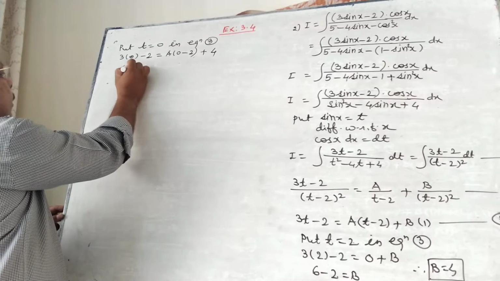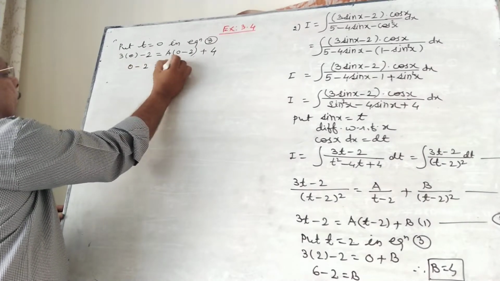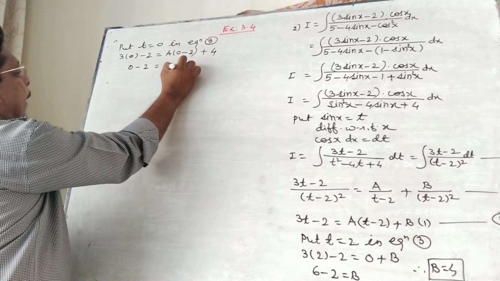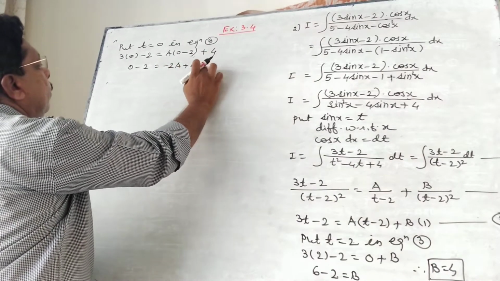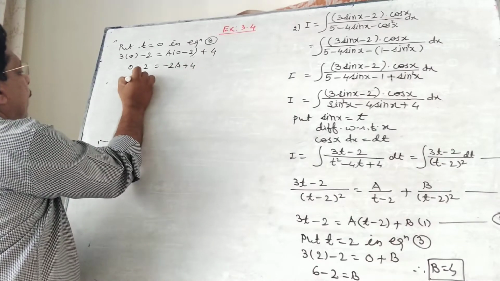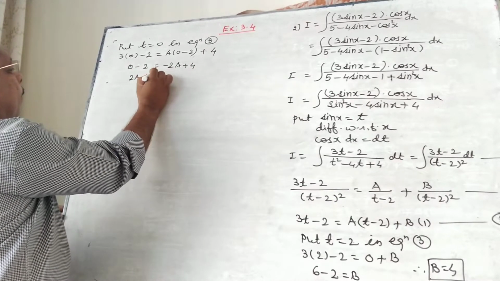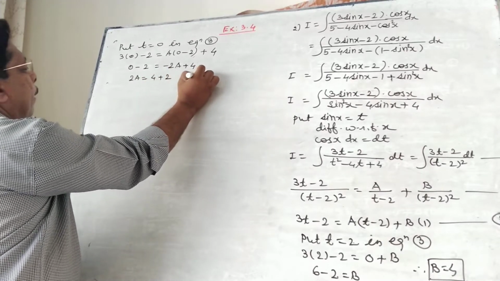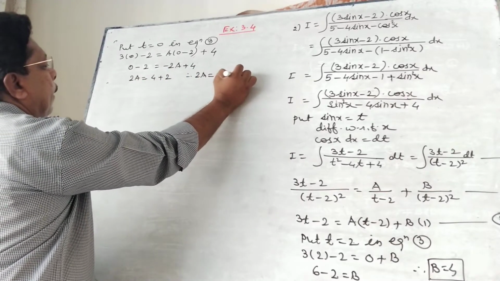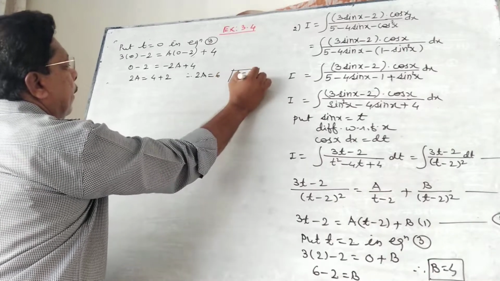So 3 into 0, 0 minus 2 is equal to minus 2A plus 4. Therefore 2A equals 4 plus 2. Therefore 2A equals 6, A equals 3.